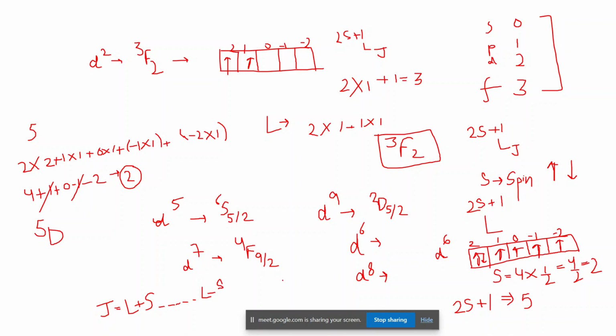So it is more than half filled, so we will use L plus S. Suppose the electrons were less than half filled, then you will use L minus S. And if it is exactly half filled, then J will be equal to S. So just remember these three formulas for solving the J value. Now it is 6, more than half filled, so for J you will use L plus S. The L value is 2 and the S value is also 2. So it is 4. So the ground state term symbol will be 5D4.